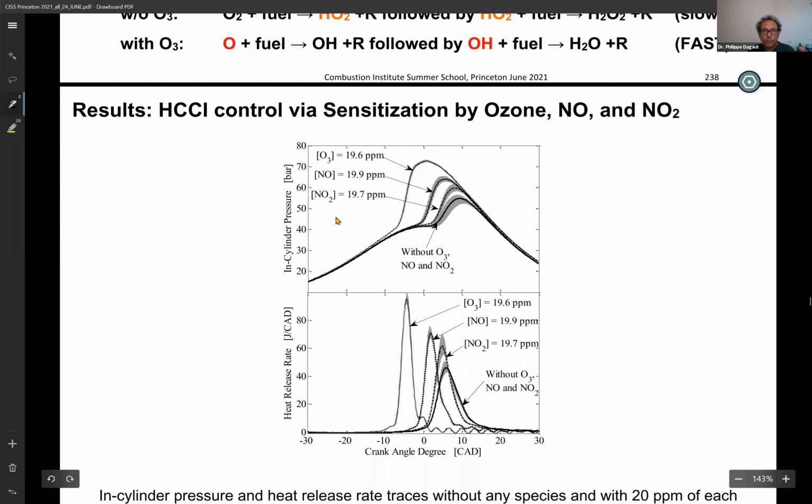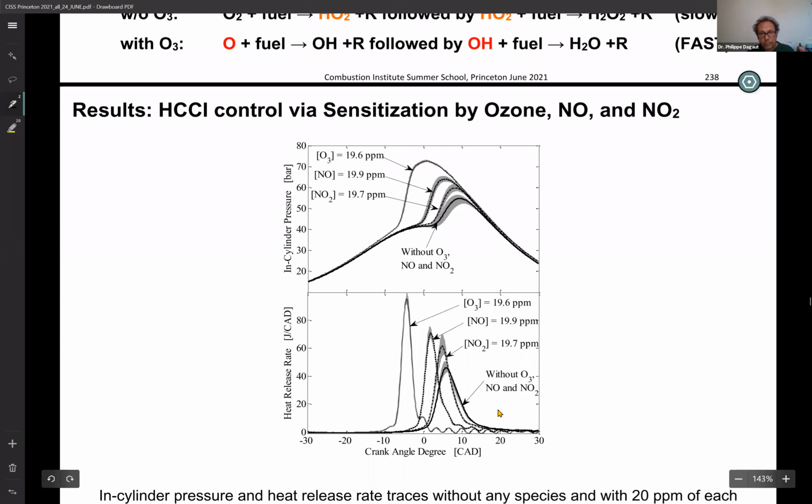Then if we introduce nearly 20 ppm of NO2, we get this in-cylinder pressure. With the same amount of NO, we get this one. And with the same amount of ozone, we get this profile. So you can see that we have increasing effect from NO2 to NO to O3.